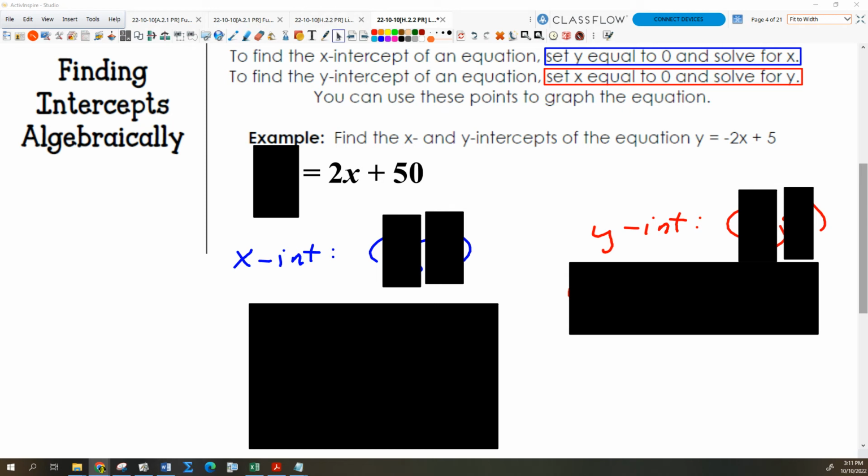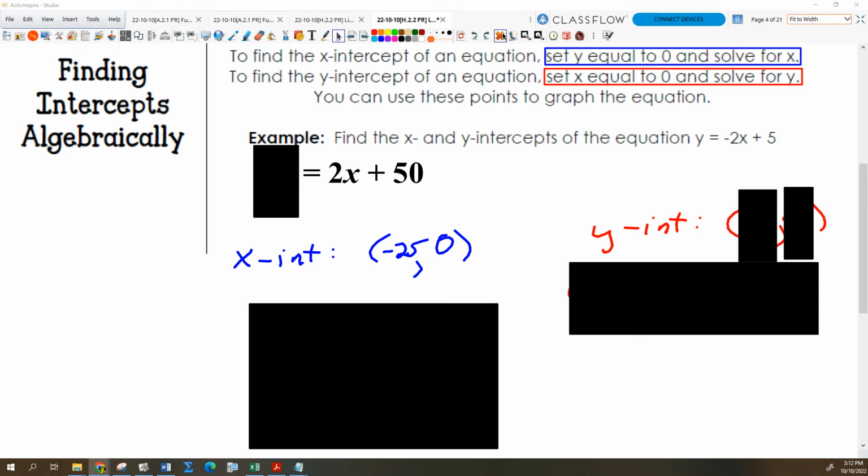Careful. Negative 25, right? Because I have to subtract the 50 to this side and divide by 2. But you can do that stuff in your head, right? So when we're finding the X-intercept, we already know Y is 0, cover up the Y term and solve, and I get negative 25, 0.